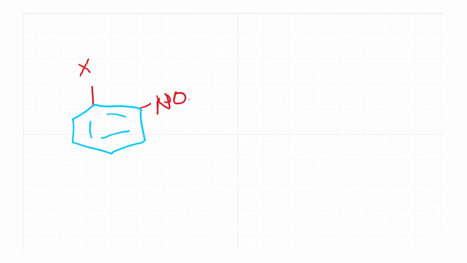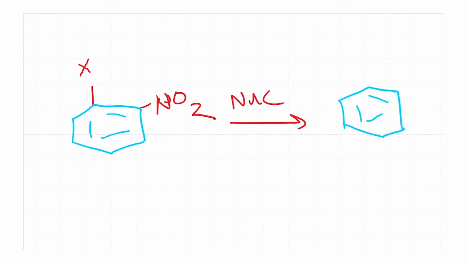Let me just redraw this so that we can better understand it. So here is the X and here is the nitro group. The reaction that we are doing here is just the same reaction with the nucleophile, and the product that is formed is NO2, Nu, C. What we do here is X equals fluoro, chloro, bromo, and then iodo.